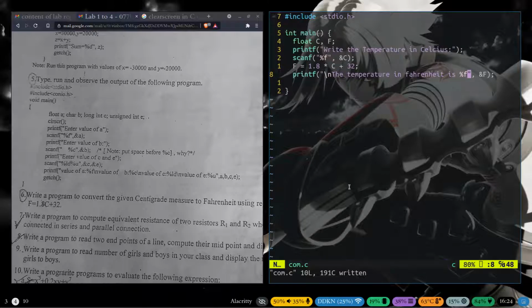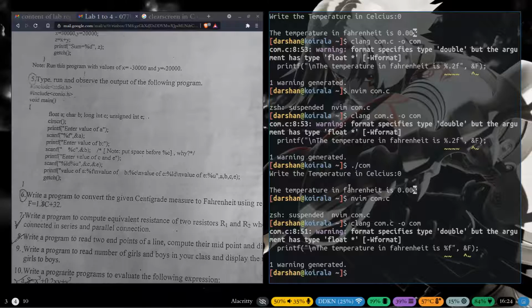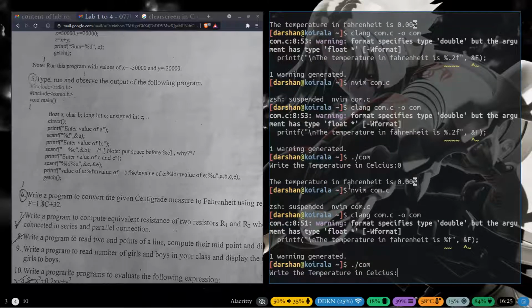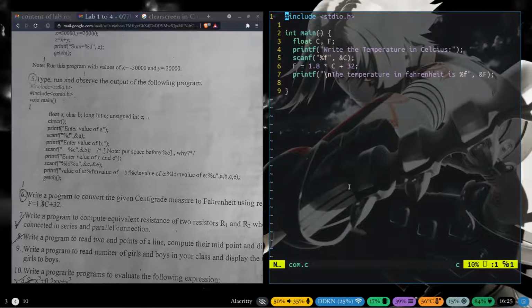Alright, so let me remove those. Let me see if that works. Why the heck is it not running? 32 0. Why the heck is this happening?